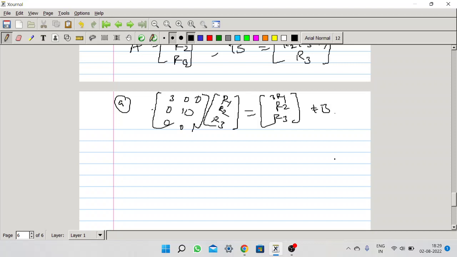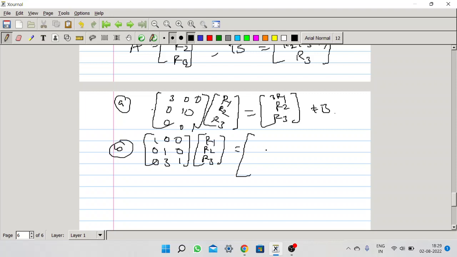Similarly, we will check options B, C, D. B is given 1 0 0, 0 1 0, 0 3 1, into matrix A, which is R1, R2, R3. This is equal to R1, R2, and this will become 3R2 plus R3.